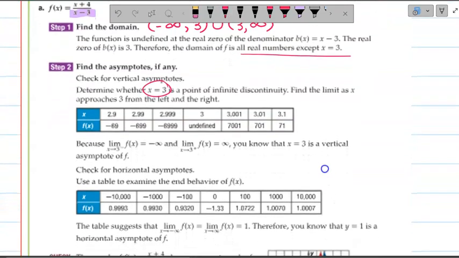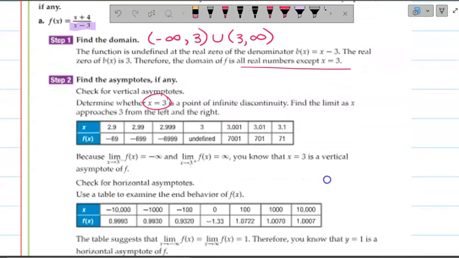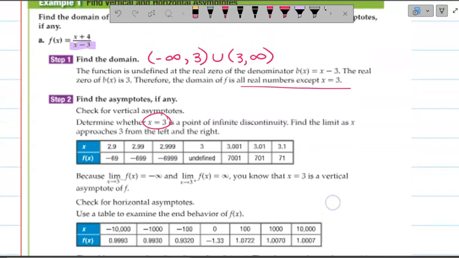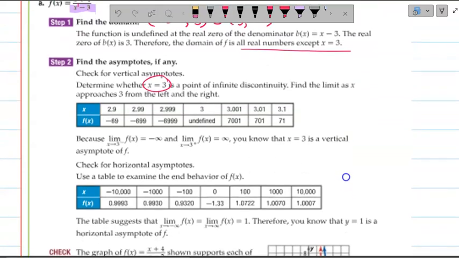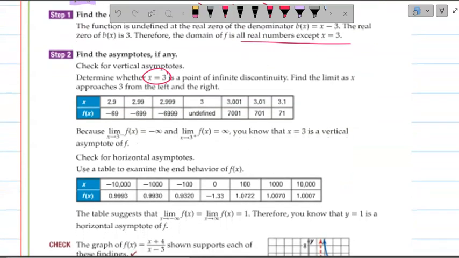Horizontal asymptotes, we've always compared the degrees of the numerator and the denominator. You can see this is 1 and this is 1. Therefore, the horizontal asymptote would be the ratio of the leading coefficients, in this case, y equals 1. We can check our table here and look at what happens as x gets really, really small, negative infinity, we're approaching 1.